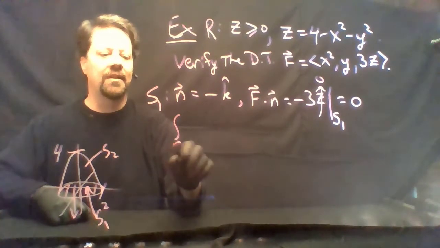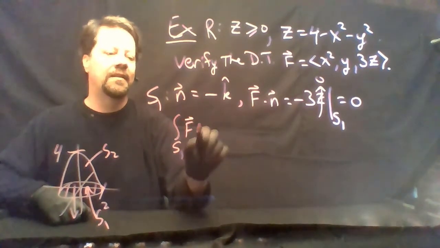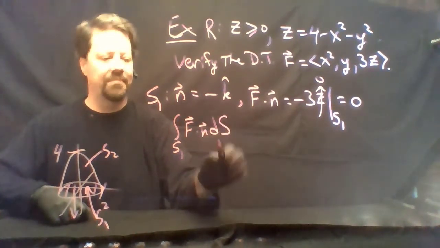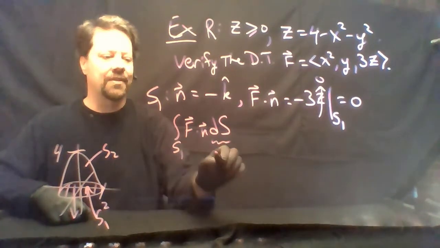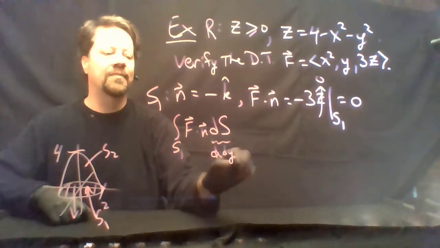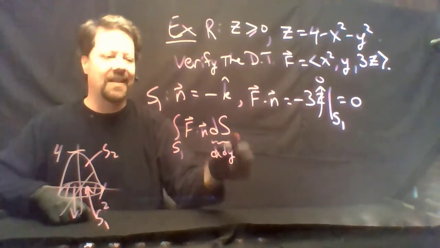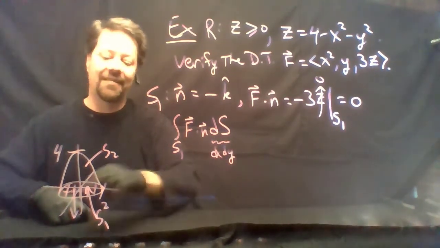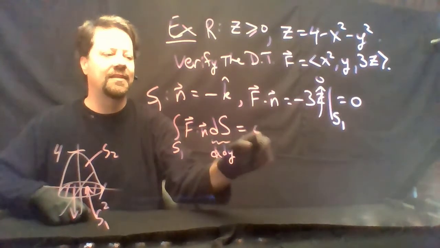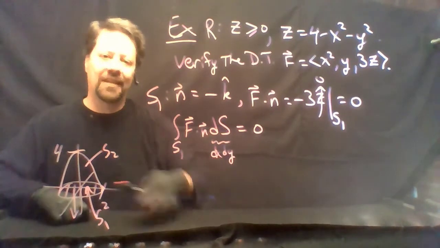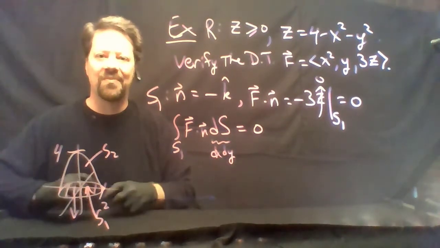So the integral on surface 1, F dot n dS, by the way, not that it's relevant, but dS on that lower surface will be dx dy, or r dr d theta, some surface element of the xy plane, because it is a piece of the xy plane. Nonetheless, the flux through the bottom surface will be 0.